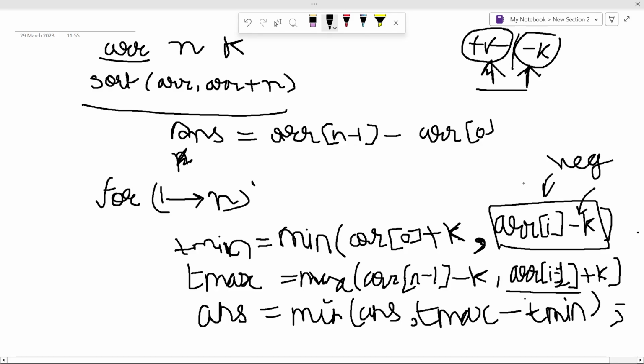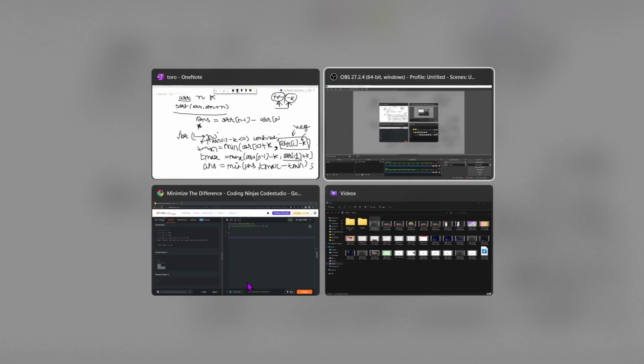So for that we will apply an if condition: if array of I minus k is negative, we will say continue the loop, and when this loop is over we will get our answer. So let's code it.